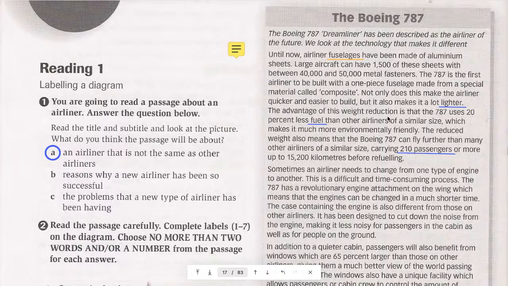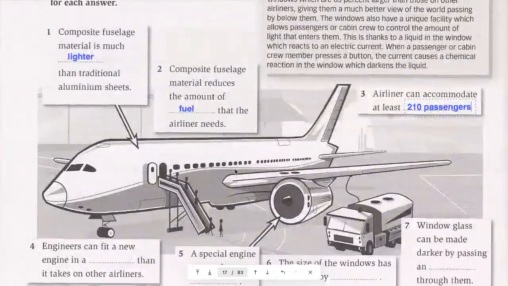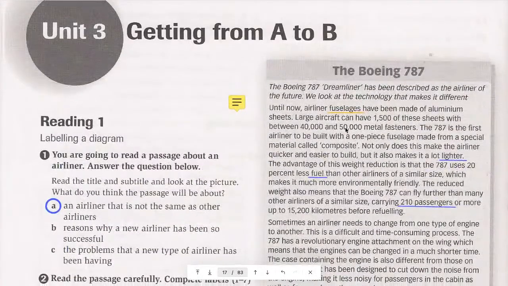Yes, they are talking about weight reduction. But that's not what they want you to fill in here. We are talking about the amount of something, right? Fuel. The answer here is fuel. So you can underline the word fuel there. So the 787 uses 20% less fuel than other airliners.